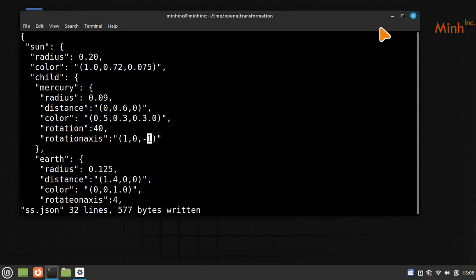So 1, 0, -1 means there is a line in the xz plane, at 45 degrees, and the distance is in the y direction, so this should be orthogonal. That is the idea.